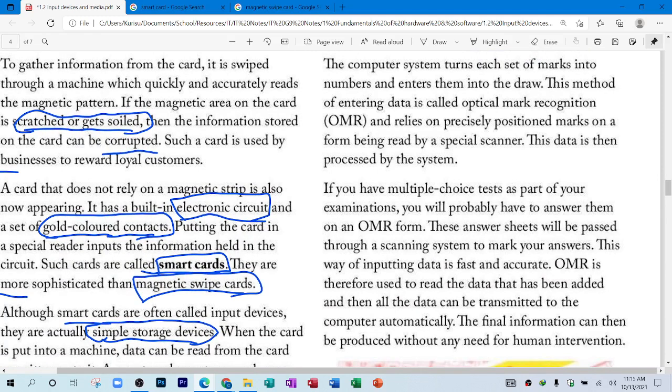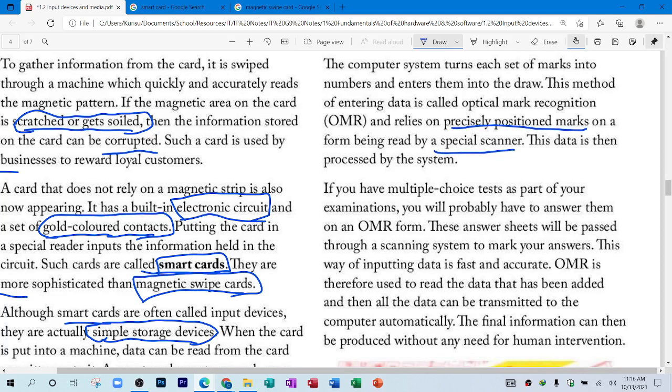The computer system turns each set of marks into numbers and enters them into the system. This method of entering data is called optical mark recognition, or OMR, and relies on precisely positioned marks on a form being read by a special scanner. This data is then processed by the system.